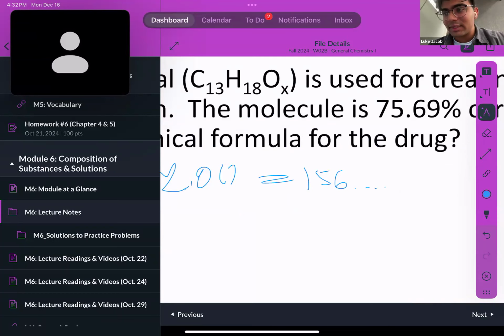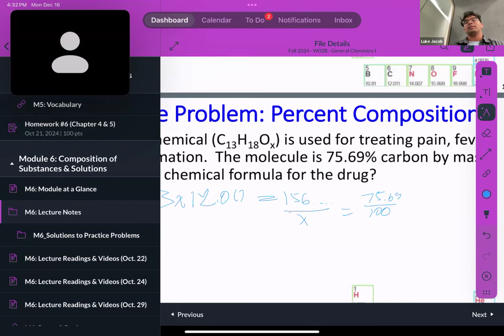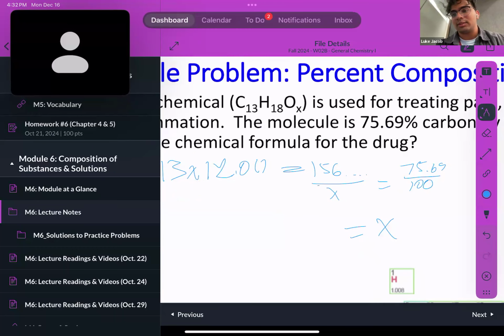So I'll set up 156 over x equals 75.69 over 100. Use your graphing calculator to find the molar mass of the molecule, and then from there you can do some algebra. If x equals the compound's molar mass, then you could do 13 times carbon, 12.011, plus 18 times hydrogen, plus y times oxygen.